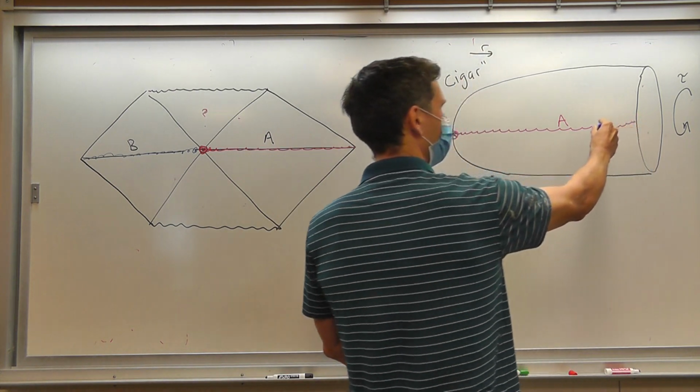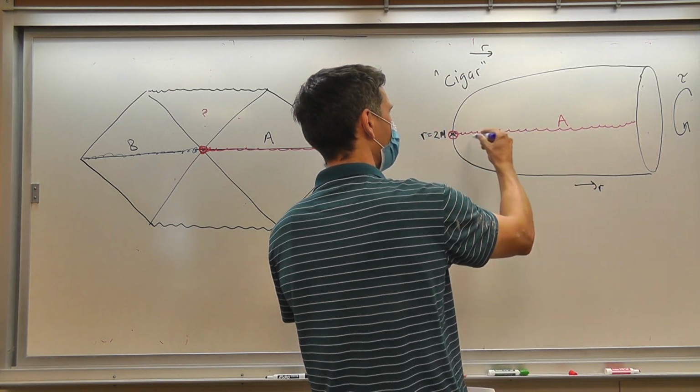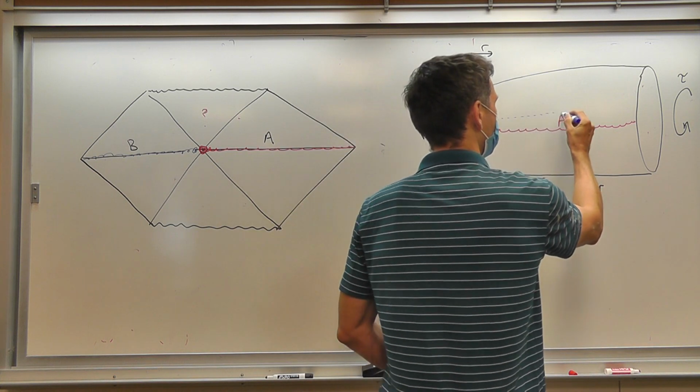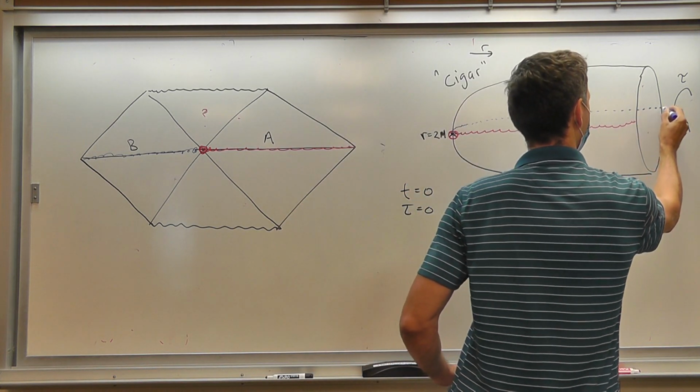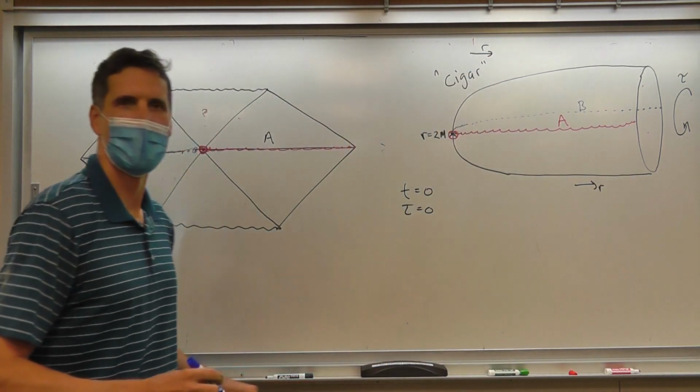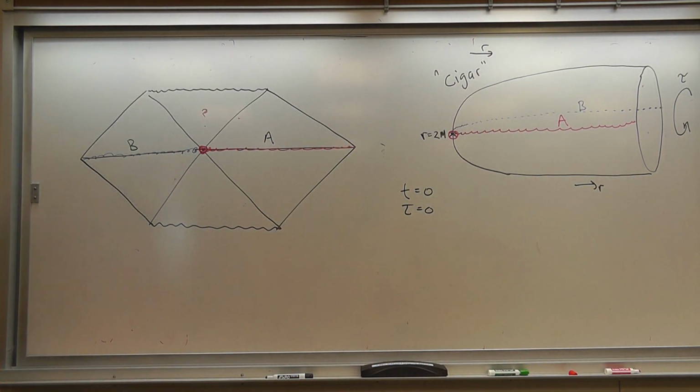If you go along region A, you get to the horizon, and then you keep going onto the other side. I claim that's region B. Now, how do I know that? Because of Rindler space.